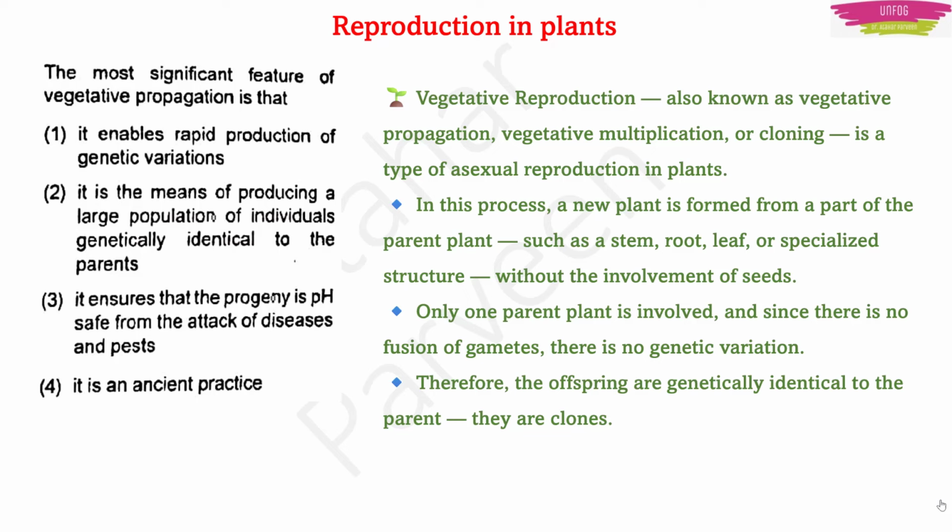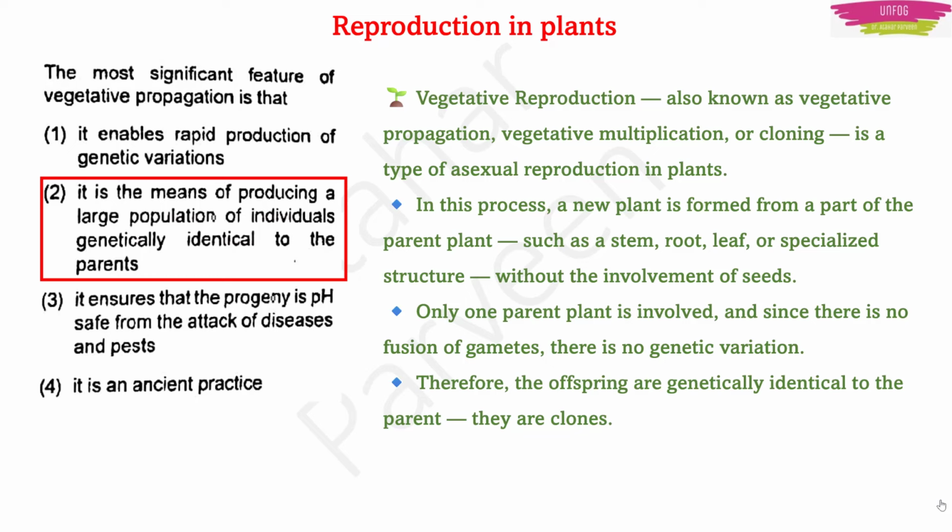That's why we call it asexual reproduction. Therefore offspring are genetically identical to the parent. Basically they are ditto, they are clones. So the most significant feature of vegetative propagation is that it is the means of producing a large population of individuals genetically identical to the parents.